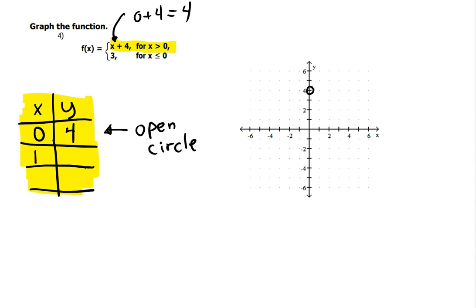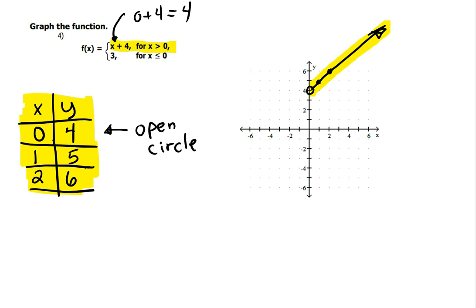When x is 1, 1 plus 4 is 5. When x is 2, 2 plus 4 is 6. So over 1, up 5, over 2, up 6, and then connect my dots and it would be going off like that. So this is this graph right here.